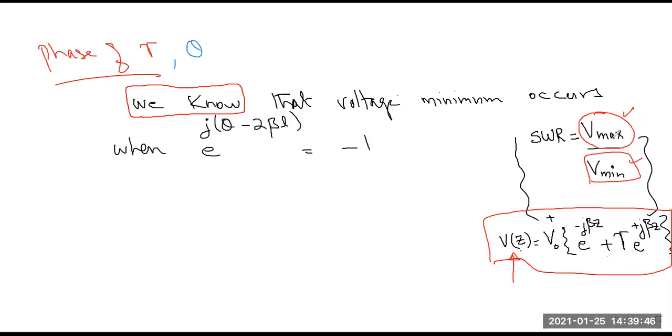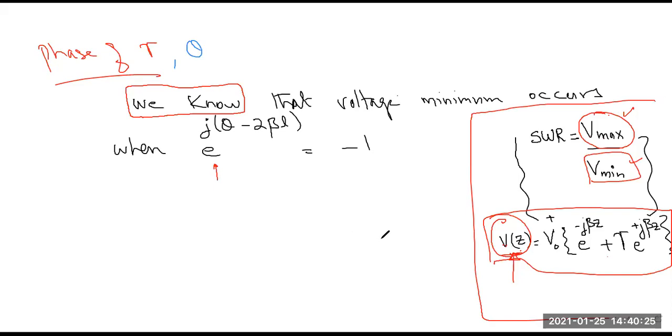Similarly, when the voltage attained its maximum value, e raised to power j theta minus 2 beta L was taken to be equal to plus 1. We all know that the minimum value of the exponential function is minus 1. So when this function attains its minimum value, voltage will also become minimum. And when this function attains its maximum value, that is plus 1, then V of Z becomes V maximum.